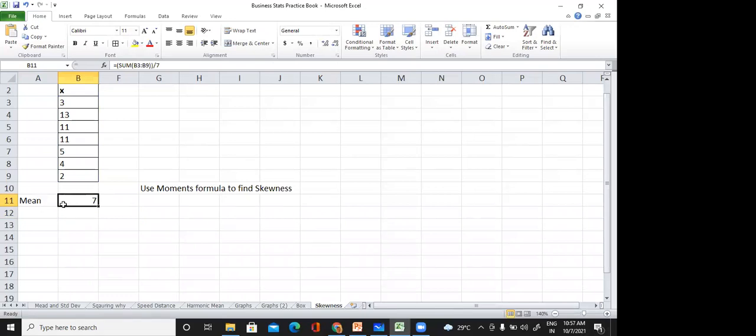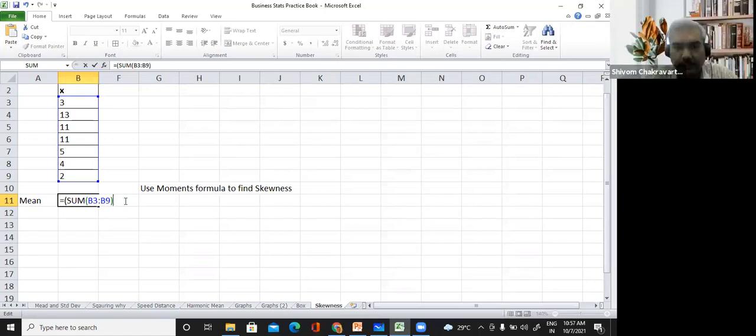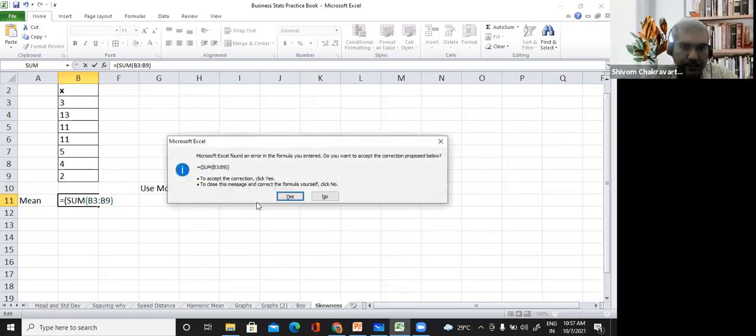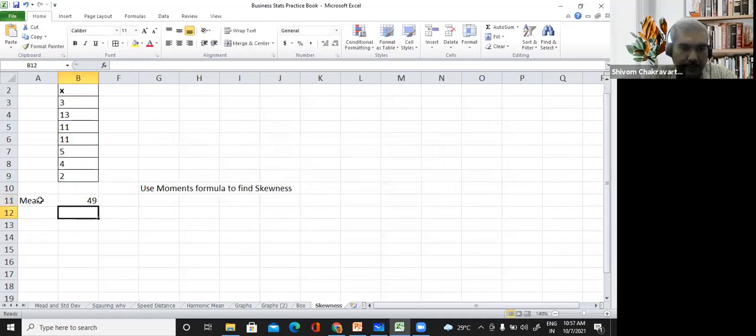We can first calculate the total, and then the mean.